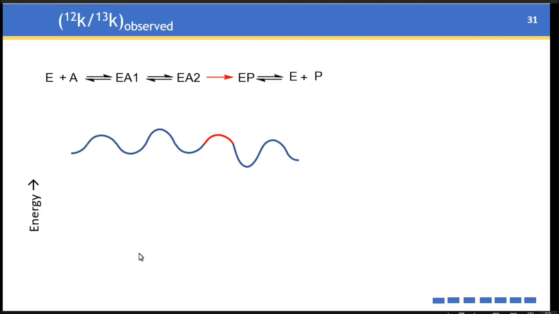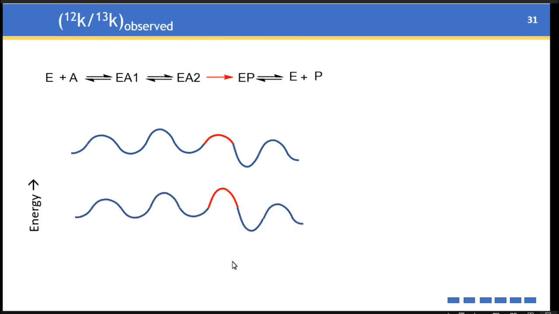Again, I'm not going to go into the actual numbers of the rate constants, etc., but we can illustrate this process by an energy scale here, where these minima represent the different forms of the enzyme, EA1, EA2, EP, and E again. The tops represent the transition states going from one form to the other, where this red one would be the one we're interested in.